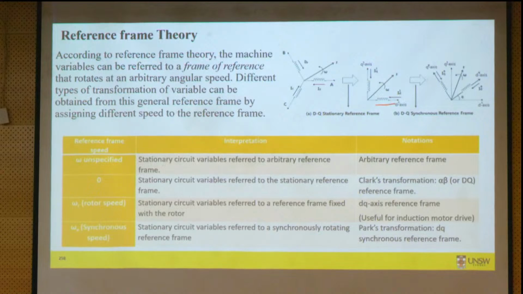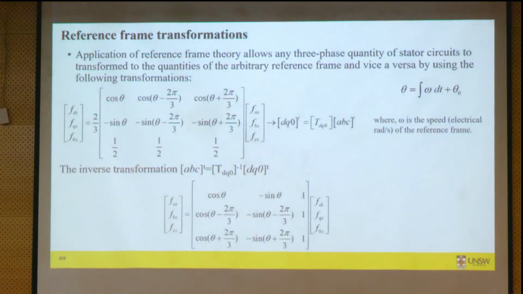It is just a matrix equation, as I believe you have already discussed. In the stationary frame, we simply assume that theta is 0, because theta is defined as the time integration of the speed, and this omega is the rotational speed of your frame.